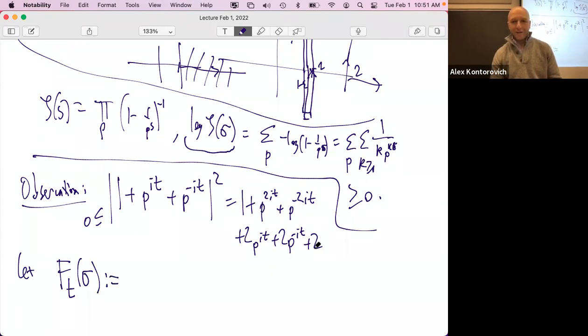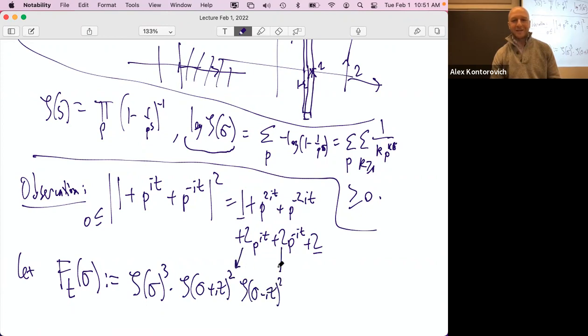I want zeta of sigma cubed, because there's a 1 and a 2 here, times zeta of sigma plus it squared, zeta of sigma minus it squared, and a zeta of sigma plus 2it, that's that term, and a zeta of sigma minus 2it.